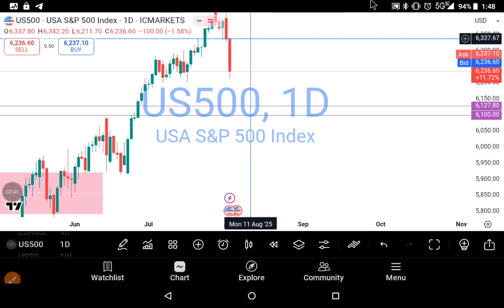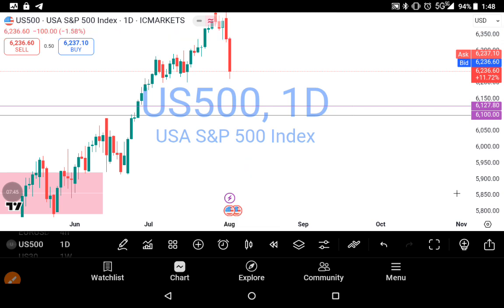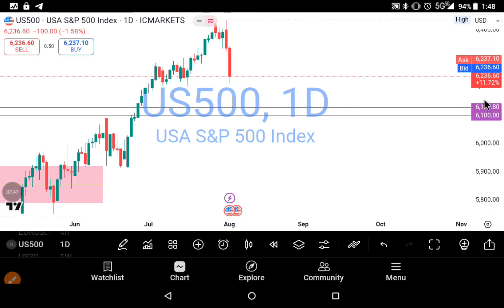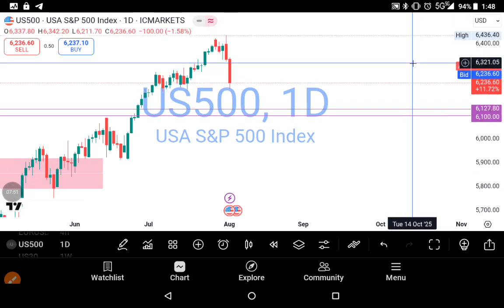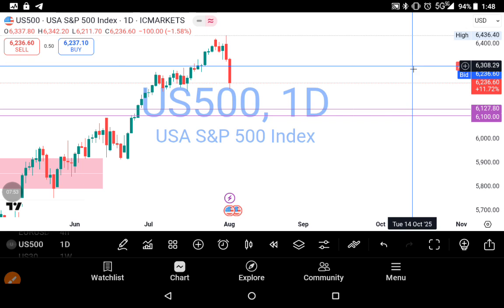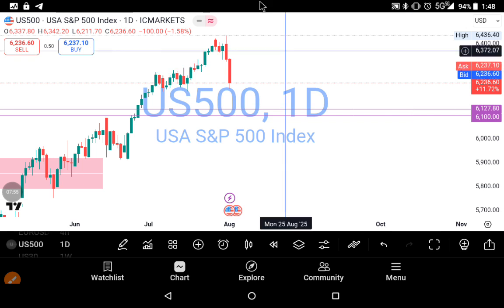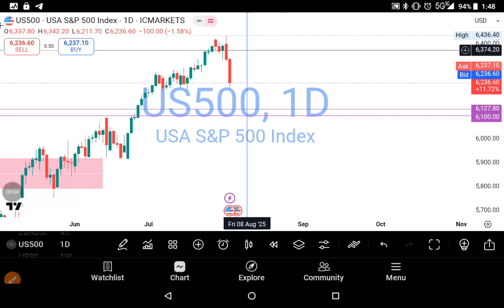So I'll be expecting 6200 to be delivered on the S&P 500, as long as the market price stays below 6300. So 6300 should serve as a resistance to the price that will deliver 6200.